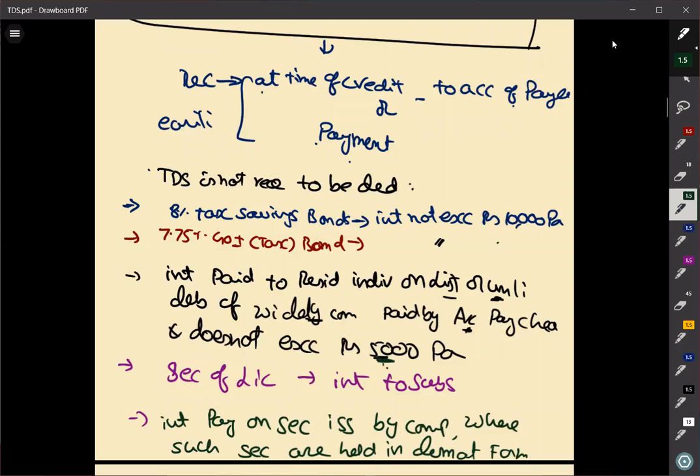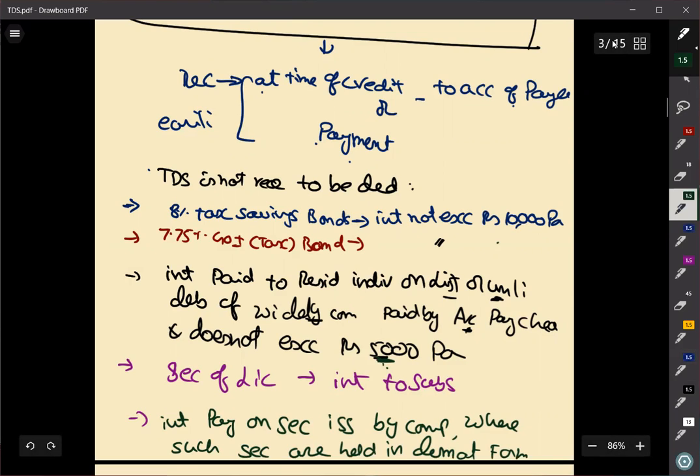Any company paying interest through an account payee cheque, where the amount does not exceed rupees 5,000 during the financial year, need not deduct. And if the same interest is on security held in electronic or demat form, irrespective of the amount, no need to deduct any TDS. LIC making payment of interest to its subsidiaries, no need to deduct TDS.